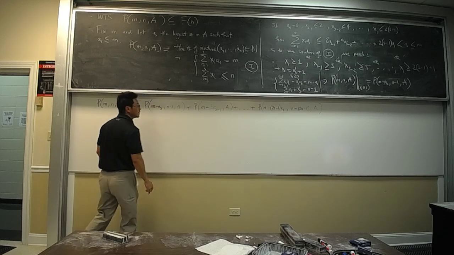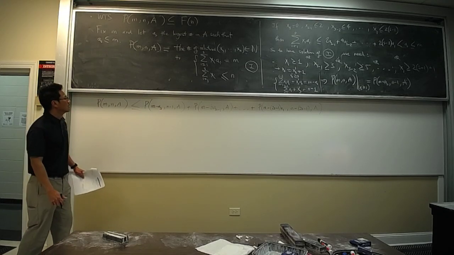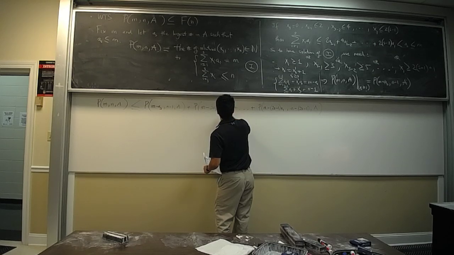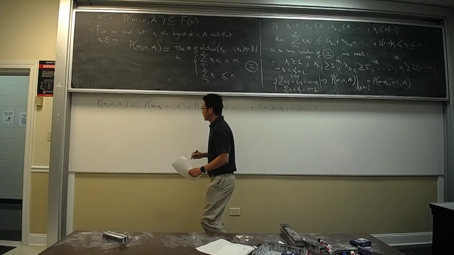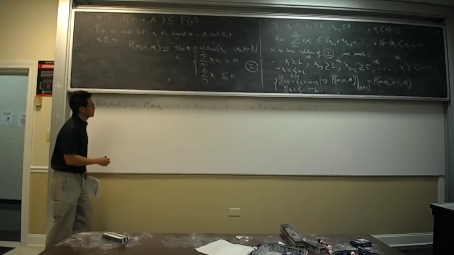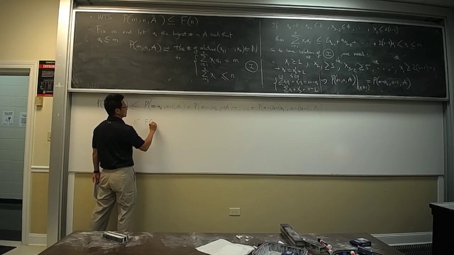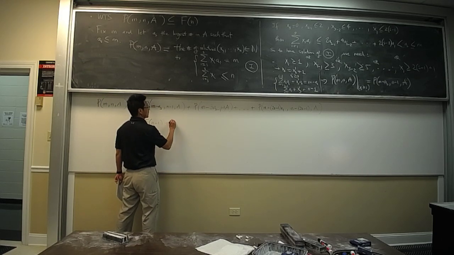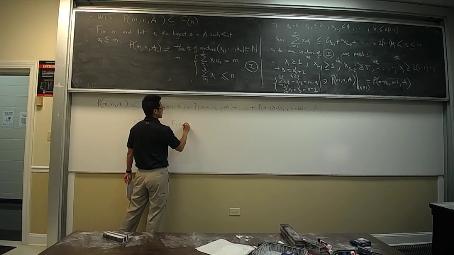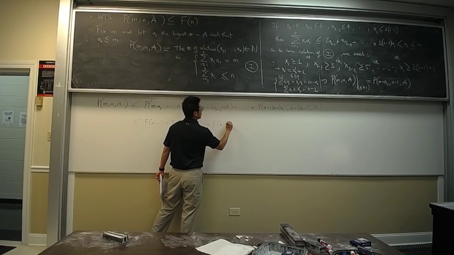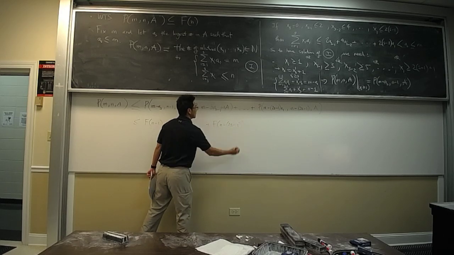What's the second term? Oh yeah. And subtract 3. Well, now we use the inductive hypothesis to get that this is less than f sub n minus 1, let's say f n minus 3, and so on up to f n minus 2s minus 1.